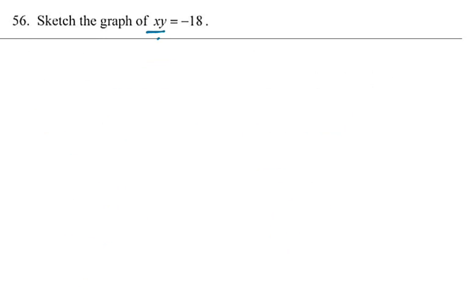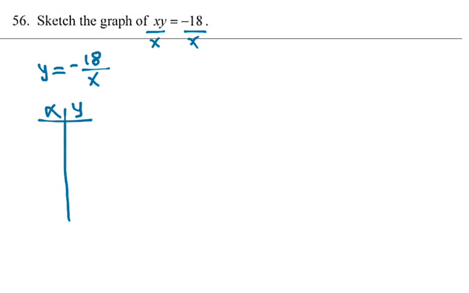Next one, they want us to sketch this one. Then I like to solve for y by itself first. Then y is equal to negative 18 over x. Alright, so if you put this one into a calculator and try to get the values around 0 from your table, you would get values similar to this. X and y, when x equals negative 3 and then negative 2.